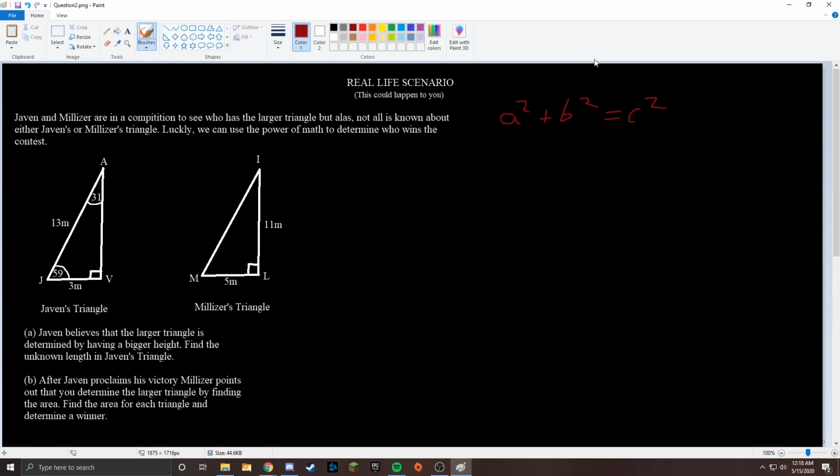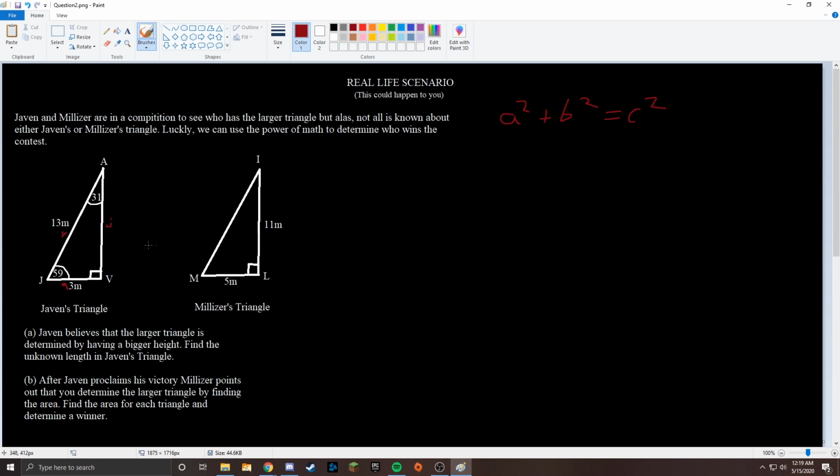So, because we're not trying to solve for c, because this would be the length c. Normally, we have JAV and MIL. You can reformat the Pythagorean theorem to suit your needs. So, since we're trying to find, this would be lowercase j, this would be lowercase a, and this would be lowercase v.